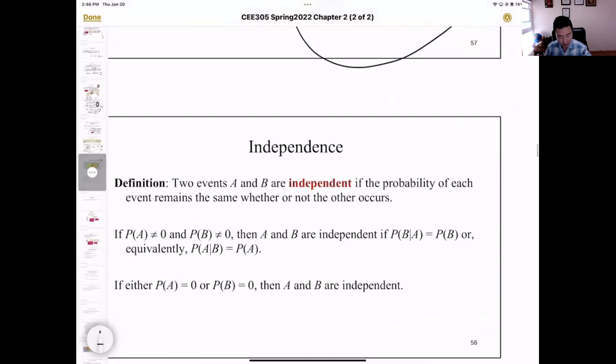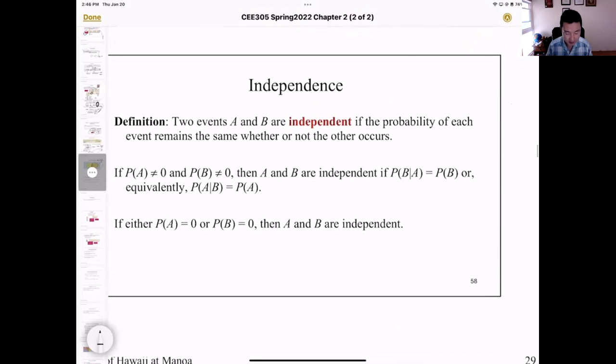All right. So independence, we touched this idea before. Two events A and B are independent if the probability of each event remains the same, whether or not the other occurs.